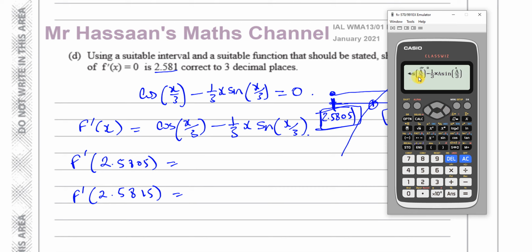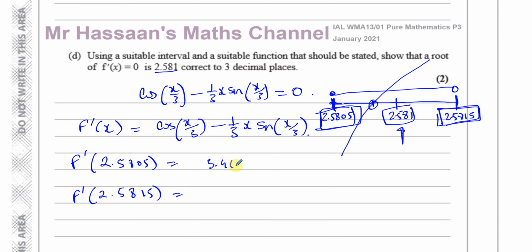Okay, so that's putting 2.5805 in here. Let's see what we get. We get a positive value: 3.467 times 10 to the power of minus 4, which is a positive number.